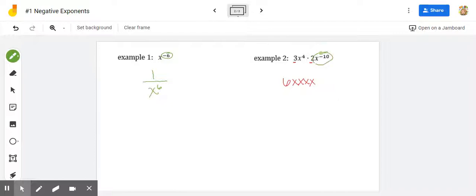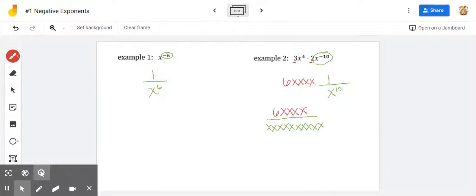Now, again, guys, we don't like negative powers. So because it's a negative power, we're going to rewrite it as 1 over x to the positive 10th power. So the easiest way to think of this is I now have 10 x's on the bottom of my answer.